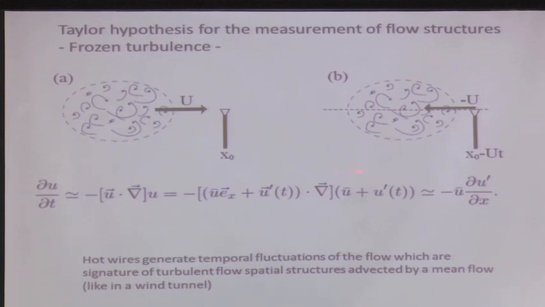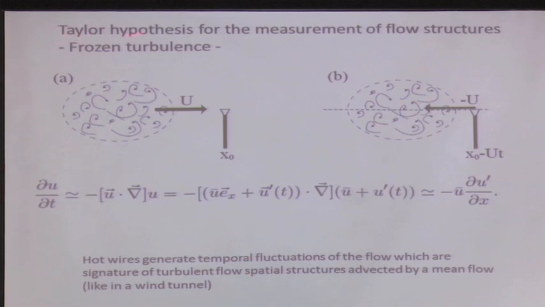The dominant term is the transport by the mean multiplied by the gradient of the fluctuations. So you are going to measure all the fluctuations of your frozen turbulence when it passes over the probe. From this signal you can rebuild the size of the vortices and everything, because it has only been transported by the flow.